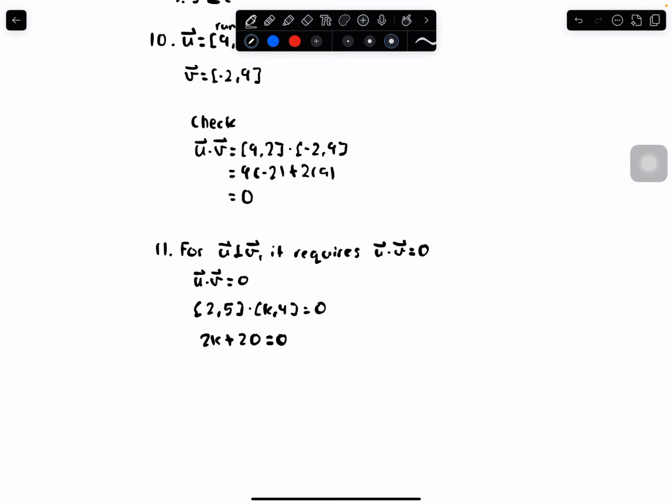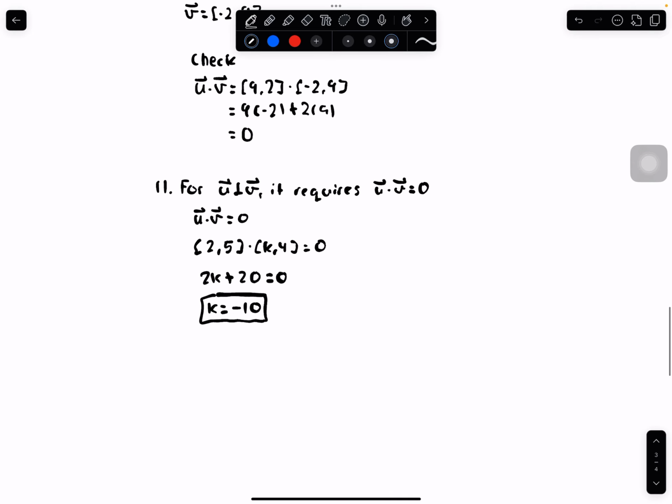Okay, and that means k is equal to minus 20 divided by 2 is just 10, minus 10. So that is our correct value for k. So if we plug that in for the x coordinate of v, we should expect that u and v are perpendicular.